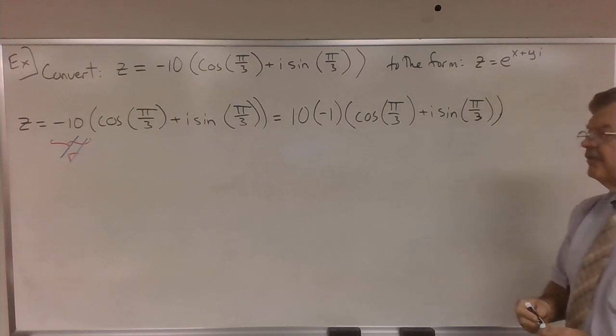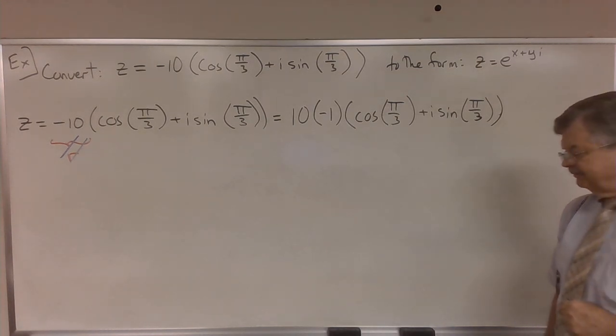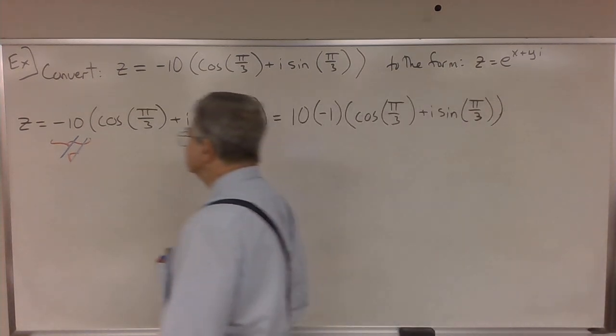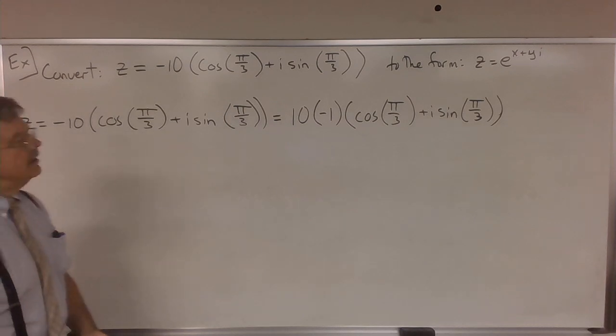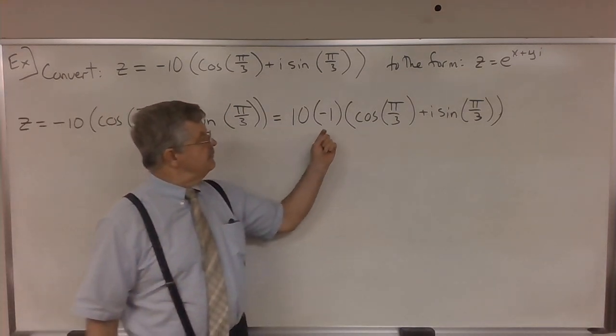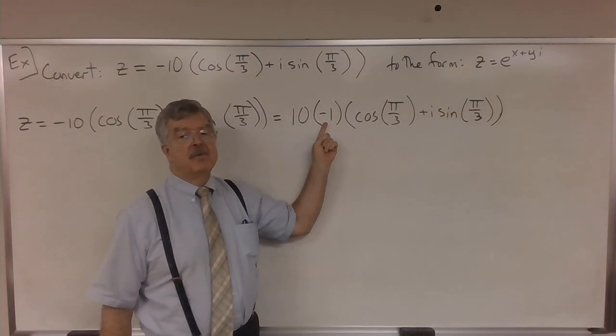And it doesn't really look like I've done anything significant yet. But let's think about what this number is. In rectangular form, it's -1 plus 0i.